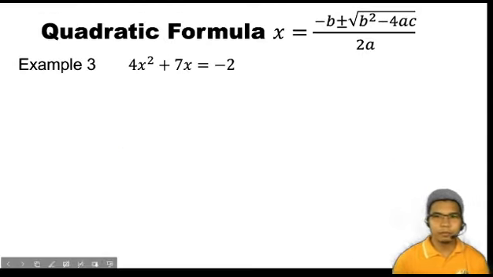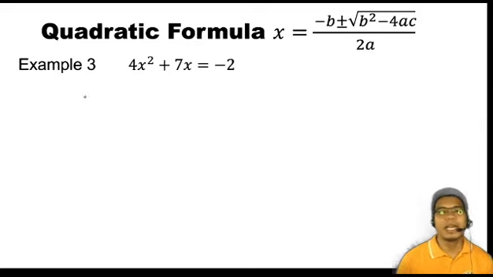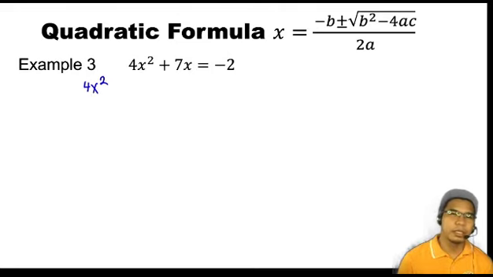Okay, still we are having our quadratic formula above. So let us write the equation first in standard form. So let's have 4x squared plus 7x, then you transfer negative 2, we have plus 2 equal to 0.